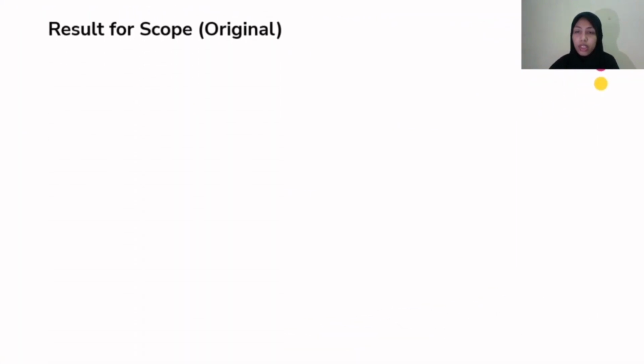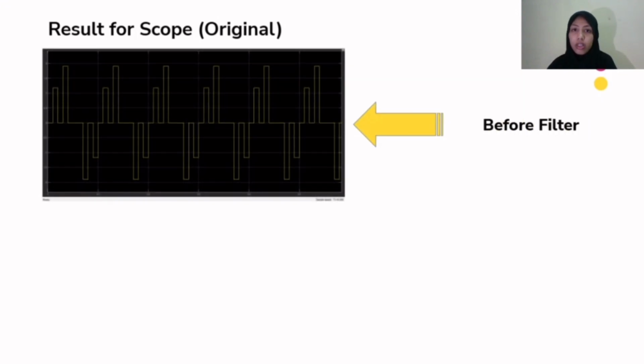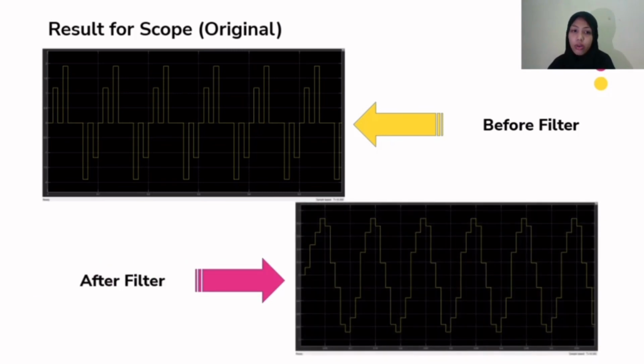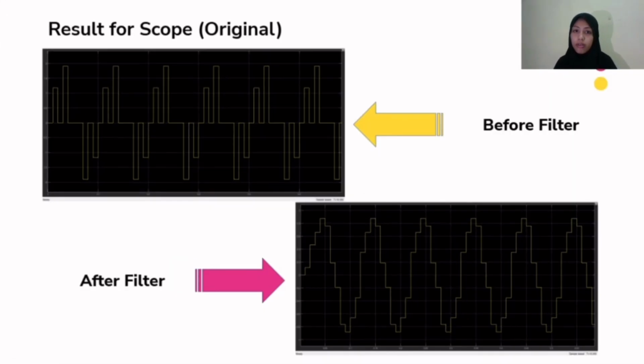Next is the result for the scope for the FIR filter. This is the graph for the scope before the filter, and this is the graph after the filter for the scope. That's all from me.